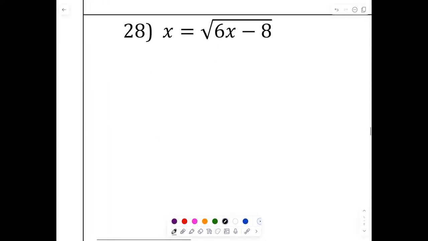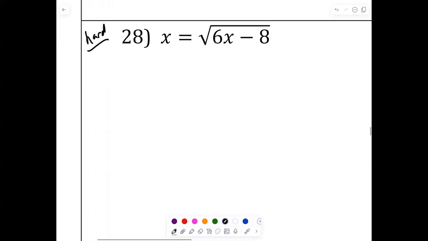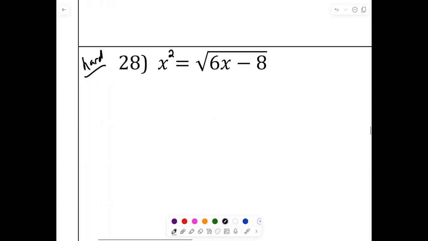29. All right, this is the one that's hard. What do I have to do to both sides? Square both sides. Everybody good? So now we get x squared equals 6x minus 8. Now, this is a quadratic.